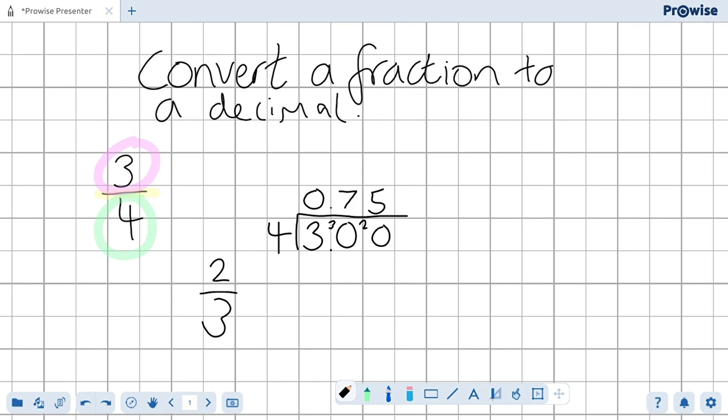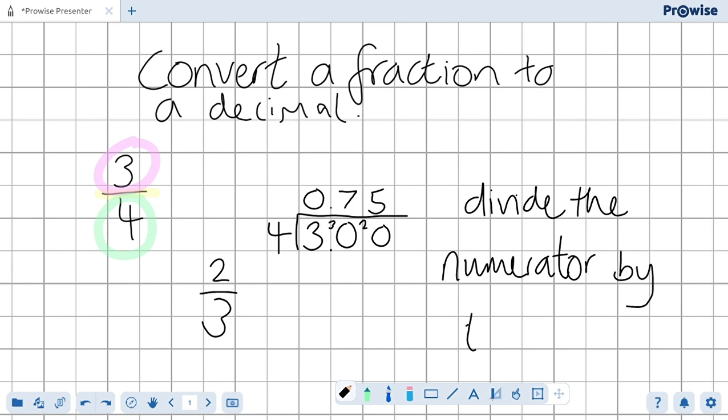Okay, so that is a really quick way of converting a fraction to a decimal. What you need to do is to divide the numerator by the denominator. Okay, so divide the numerator, that's not great handwriting, divide the numerator by the denominator.